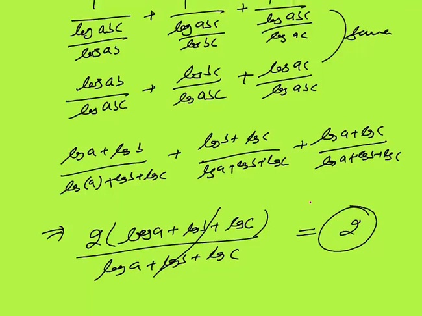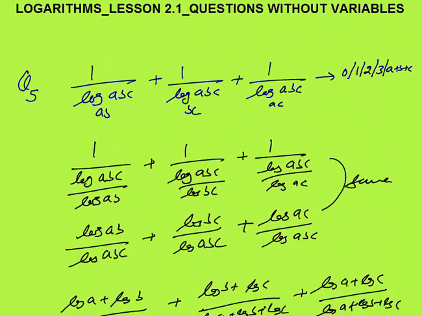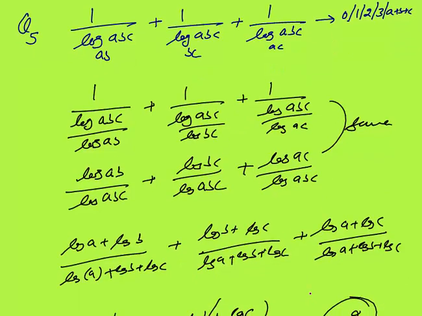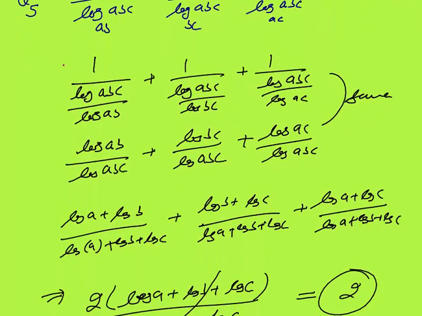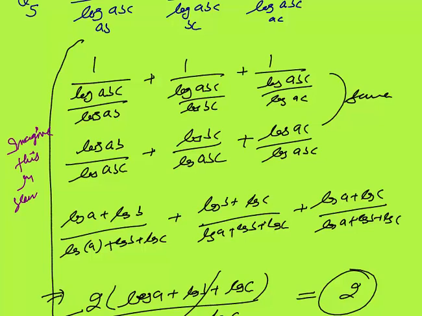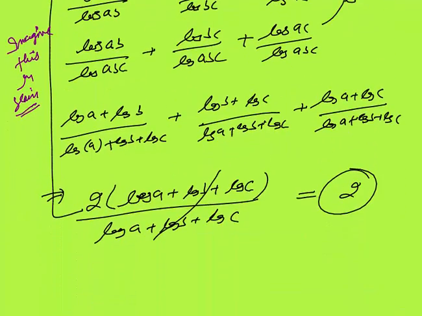In the exam you can solve this question without writing, by just imagining what I have written. Whatever I have written, you have to imagine this in your brain. If I need to solve this question in an exam, I will imagine these steps in my brain, that this becomes like this and it will open up like this.